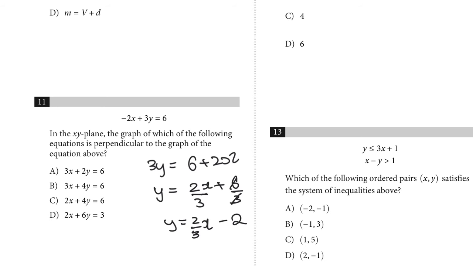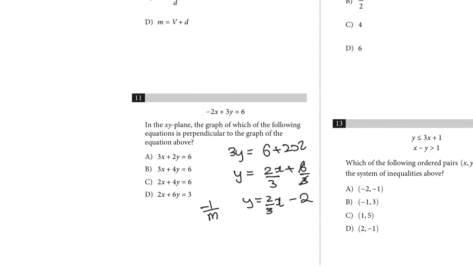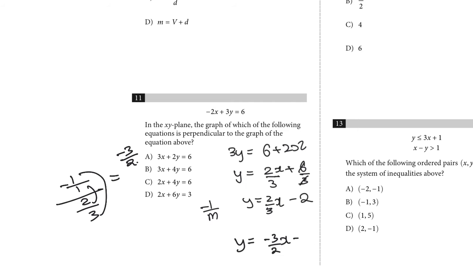So in perpendicular we have minus 1 by m, right? So 2 by 3 becomes minus 3 by 2. So y is equal to minus 3 by 2 x minus 2 is the perpendicular, right?